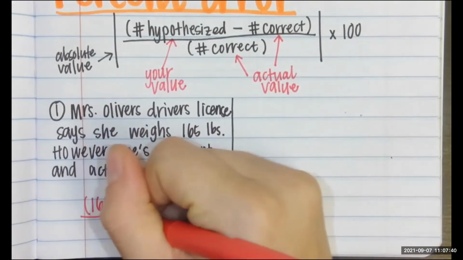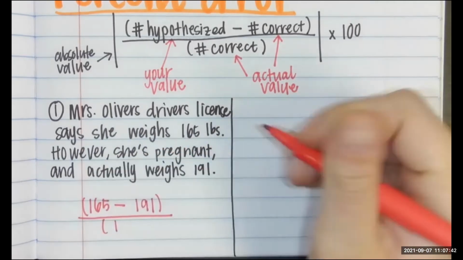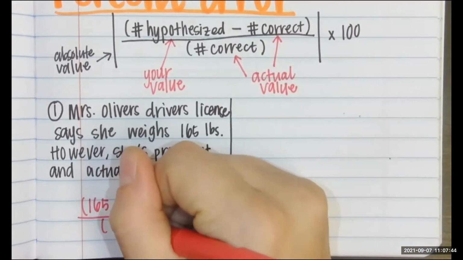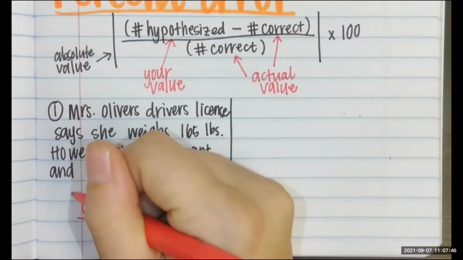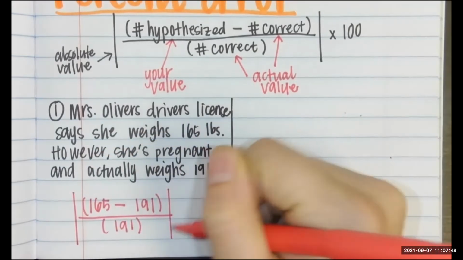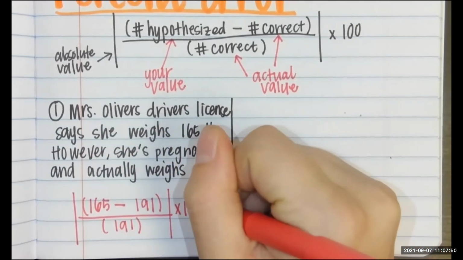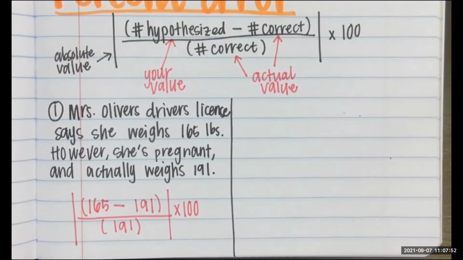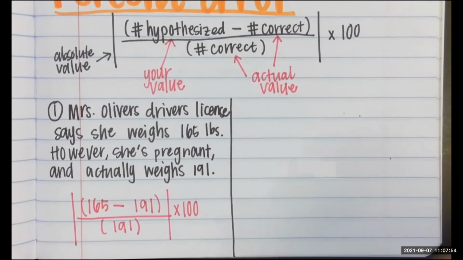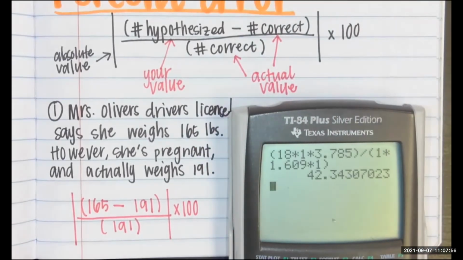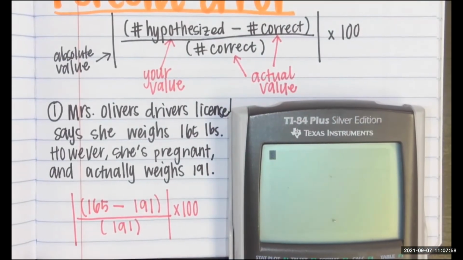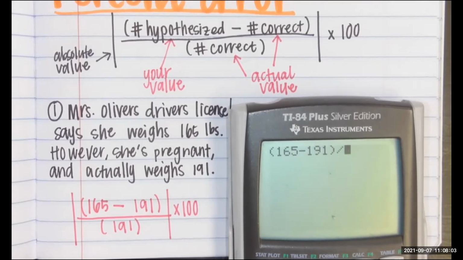So we're going to take that and put it over the actual value, absolute value, and times 100. (165 minus 191) divided by 191.